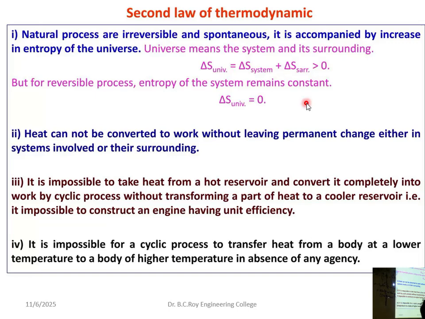Entropy of the universe is always increasing, though the temperature may remain constant. There is no direct relationship with the temperature. Indirectly related, because dq by T equals dS, so T and dq will be proportional.